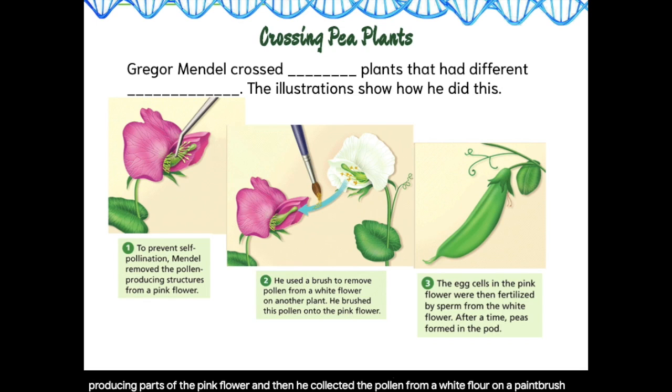And then the egg cells of the flower were fertilized, and they produced a new offspring. So this is how he made sure that one plant was really crossing with another.